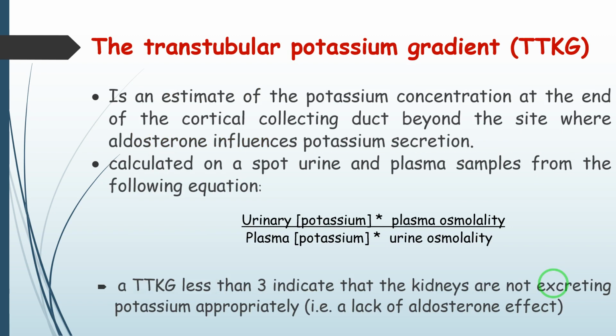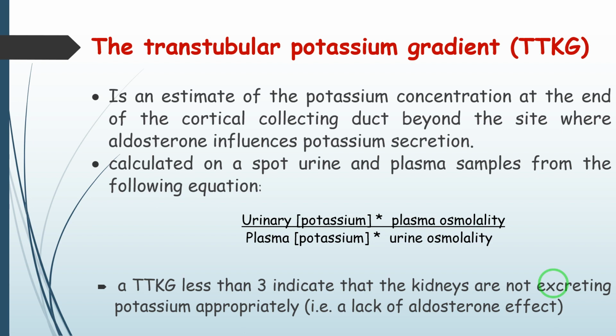Another marker that may be useful in identifying the cause of hypokalemia is what is called the transtubular potassium gradient, the TTKG. This is an equation. We take a spot of urine and we measure the potassium and the osmolality in this sample, and we take a plasma sample and we measure the potassium and the osmolality.